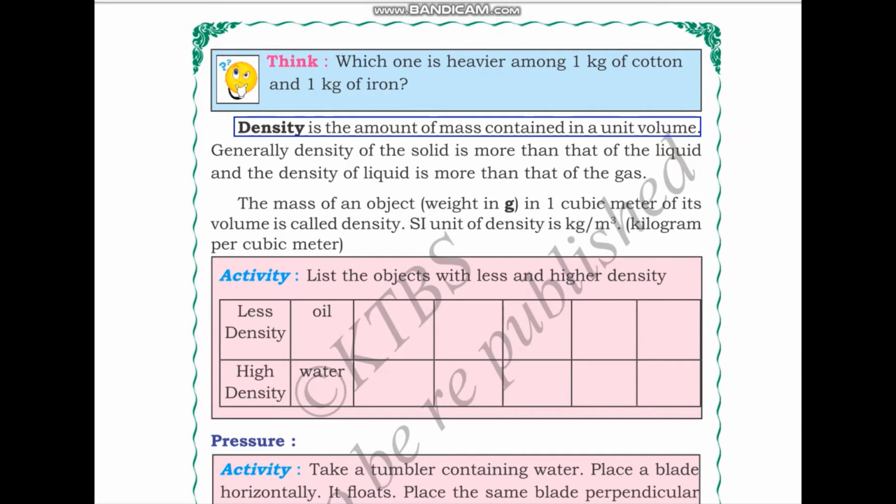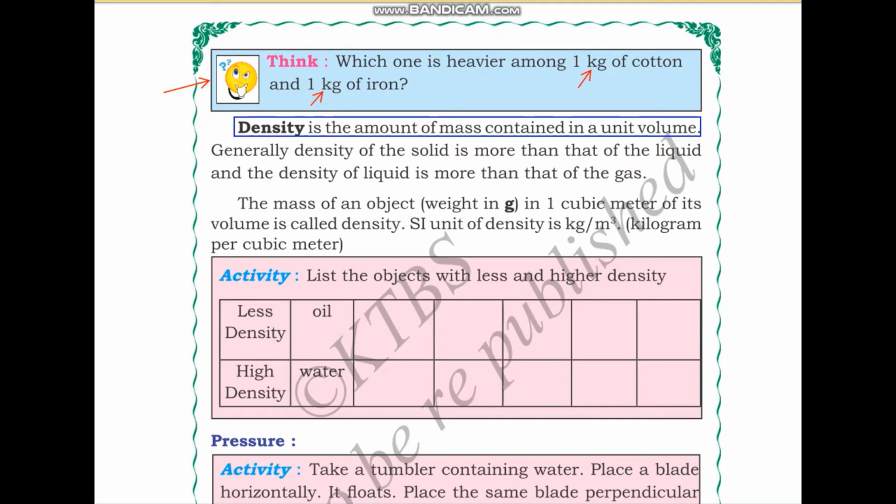Now, let us go to this activity. Think, which one is heavier, 1 kg of cotton or 1 kg of iron? You have to think a bit for this one because observe here, they have asked 1 kg of cotton and 1 kg of iron. So we know 1 kg is the same.